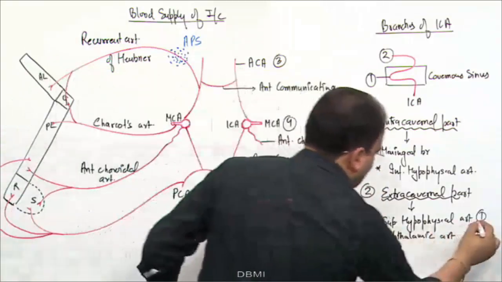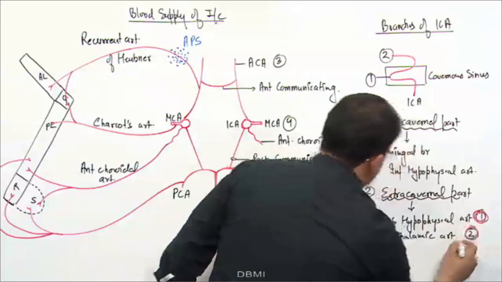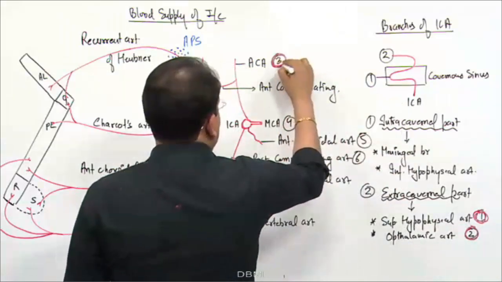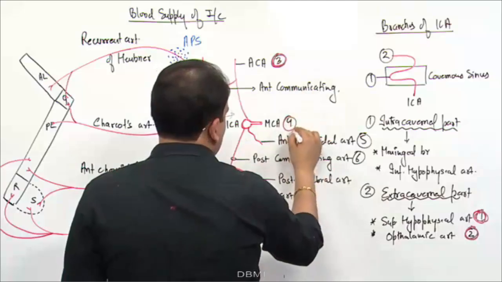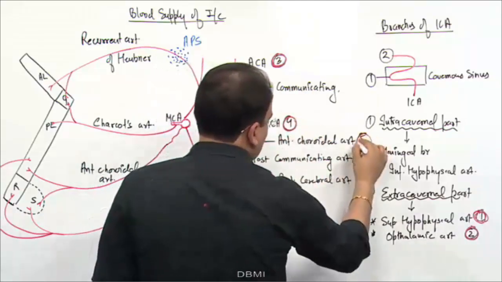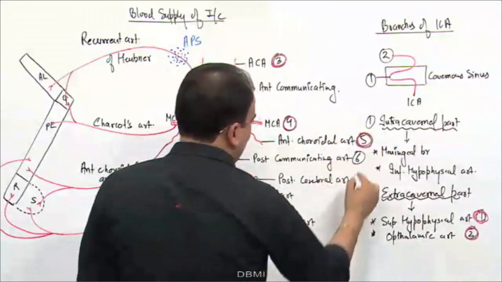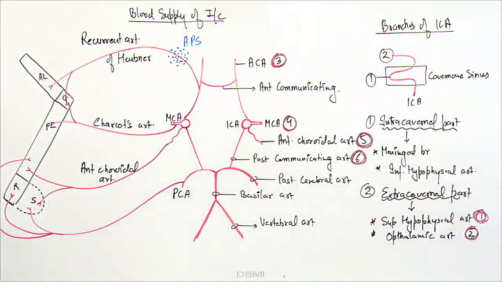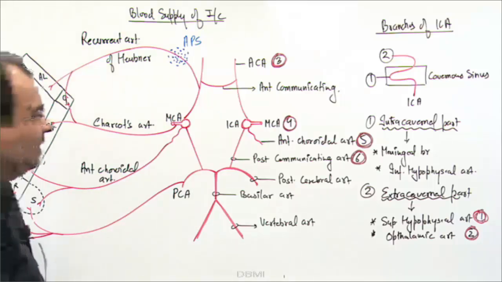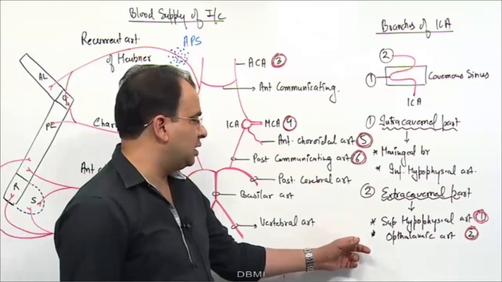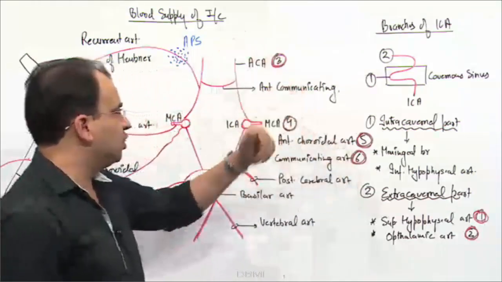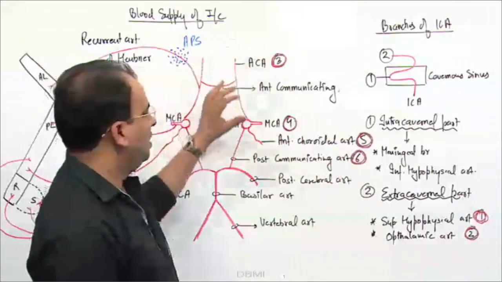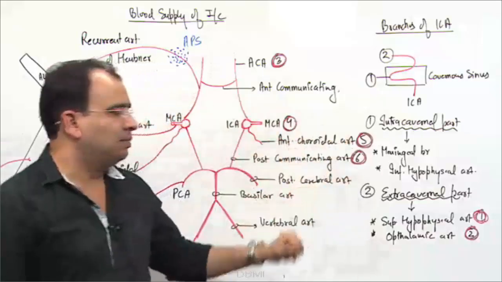Let me highlight them once again. 1, 2, 3 anterior cerebral, make sure you write it. 4 is middle cerebral, 5 anterior choroidal, and 6 posterior communicating. These are the branches from the extracavernal part of the internal carotid artery: superior hypophyseal, ophthalmic, and the branches we saw in the circle of Willis.